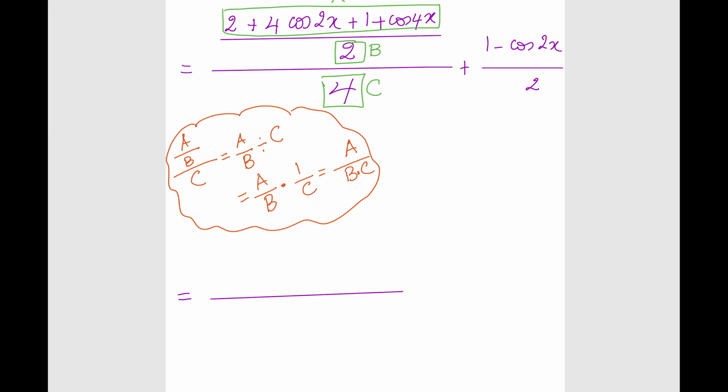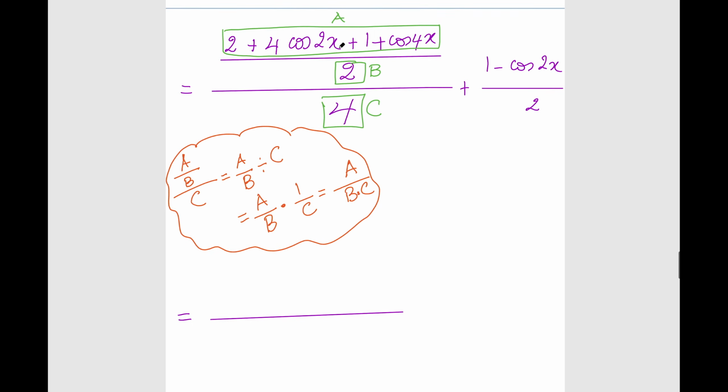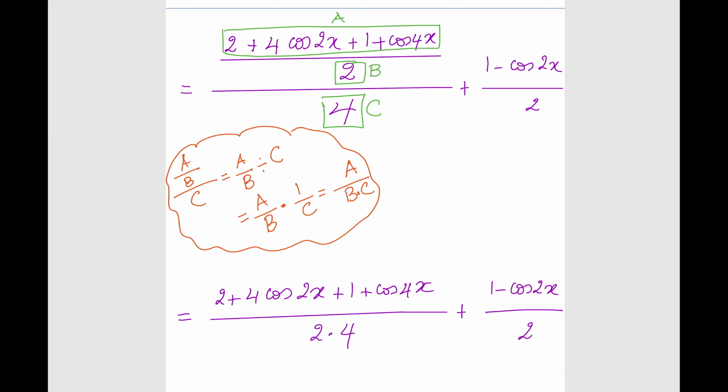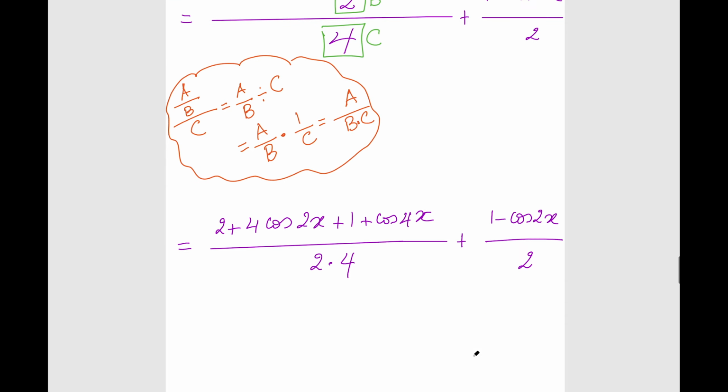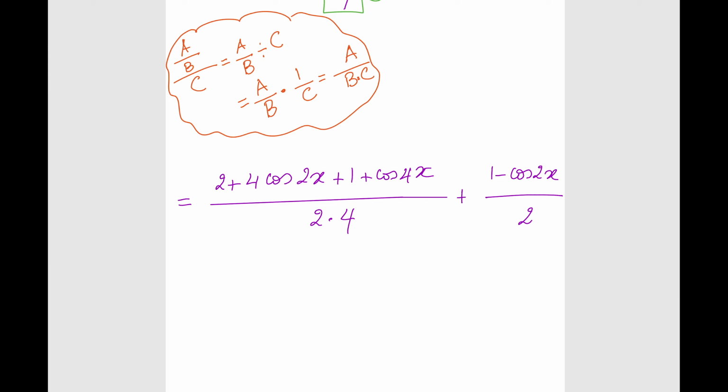So I'm going to have all this block A, so 2 plus 4 cosine of 2x plus 1 plus 4 cosine of 4x, divided by b times c, and b times c is 2 times 4, plus 1 minus cosine of 2x over 2. Okay? All right. And now we know that 2 times 4 is simply 8.